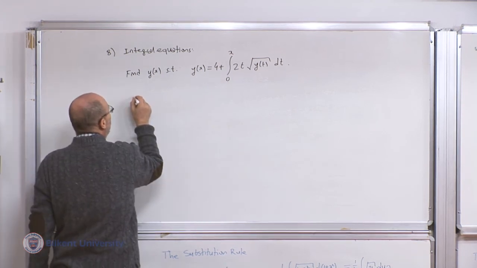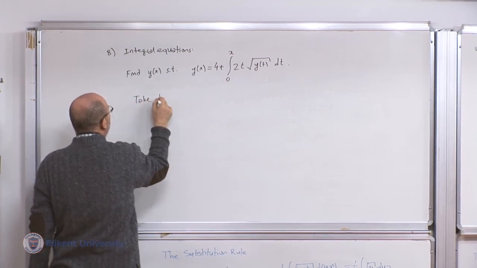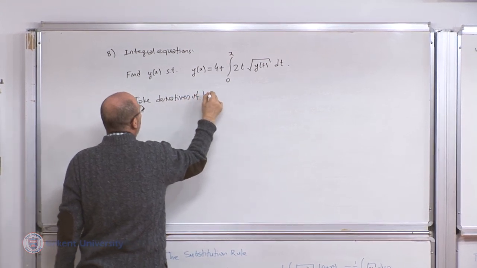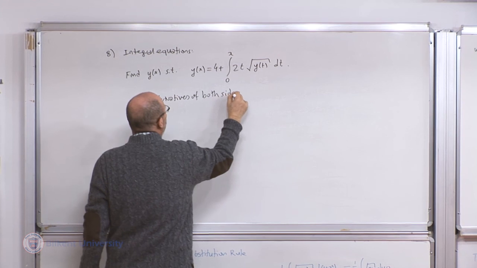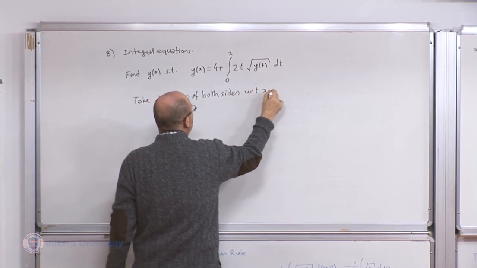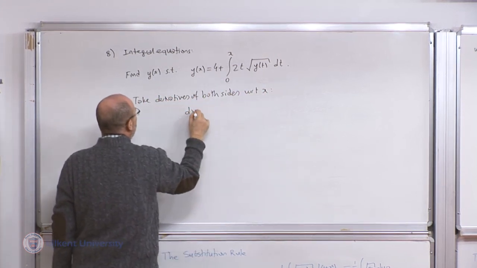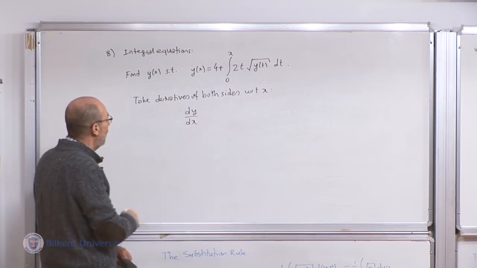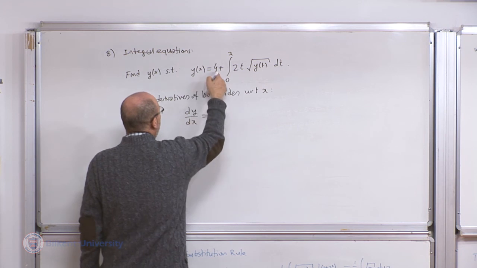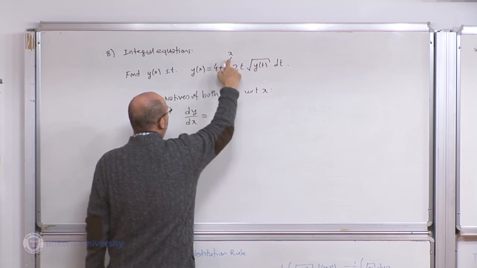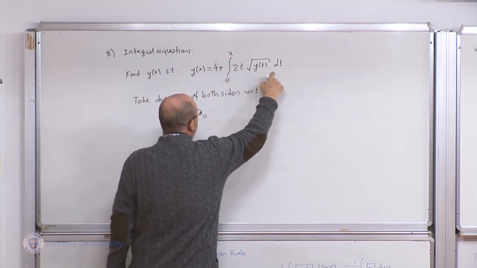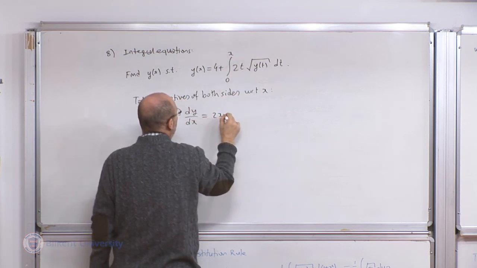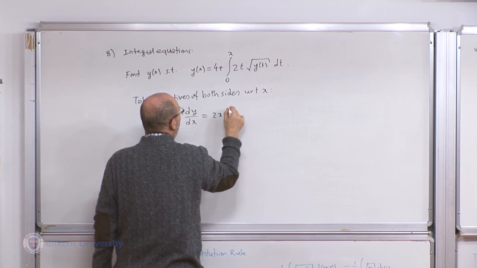So take derivatives of both sides with respect to x. This part is dy dx to prepare ourselves for a separable equation. This side, this is a constant, it goes. The derivative of this is evaluating this at this point times the derivative of this. So in this case, it is 2x square root y.